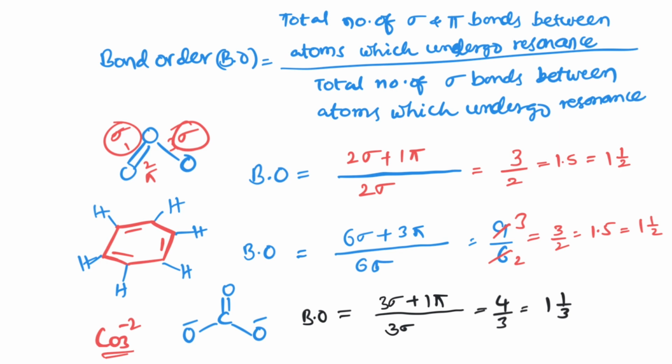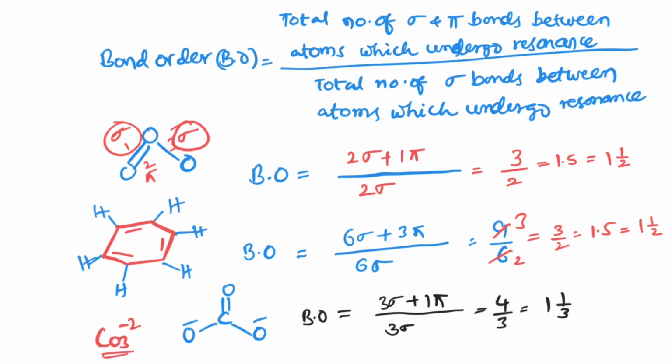So this is the way of calculating bond order for a molecule which undergoes resonance. I hope you understood, but keep in mind that only the bonds between atoms where delocalization takes place will be considered, and the other bonds are not considered.